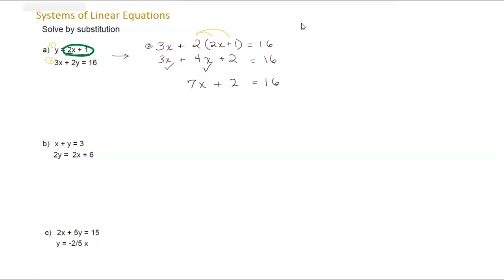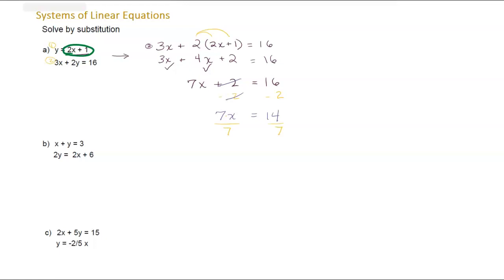So now I want to subtract 2 from both sides. It'll cancel on the left, and I end up with 7x is equal to 14. Now let's divide both sides by the 7 that's multiplied by the x.